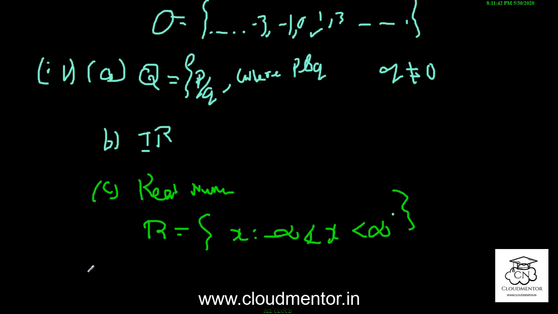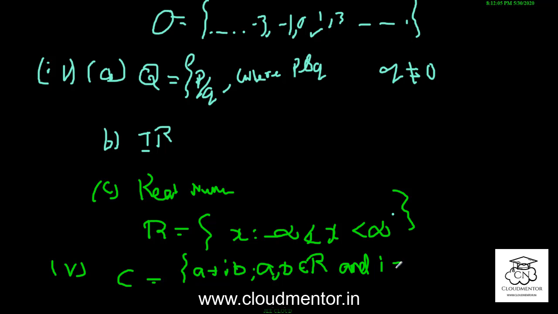And the set of complex numbers can be represented by C. In the set builder form, we can define it as a plus ib, where a and b are elements of R, and i is equal to root of -1. We are going to study that in detail in complex numbers.